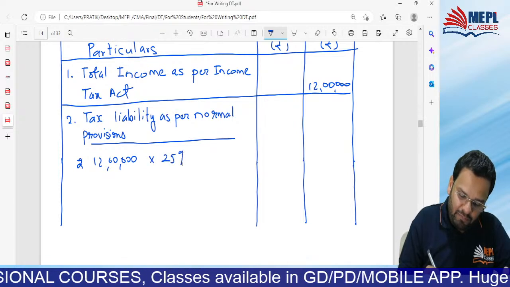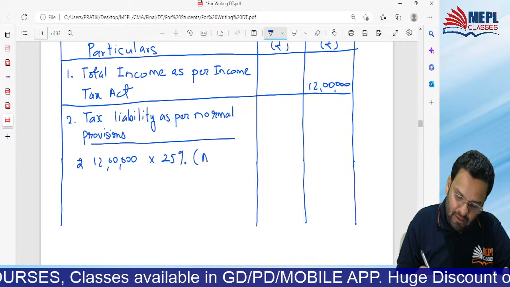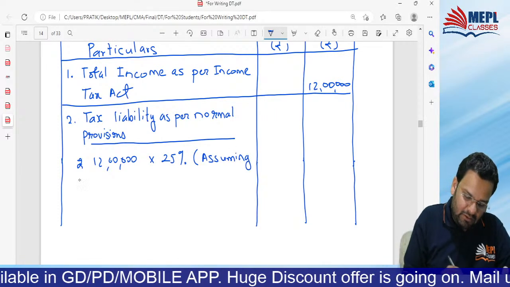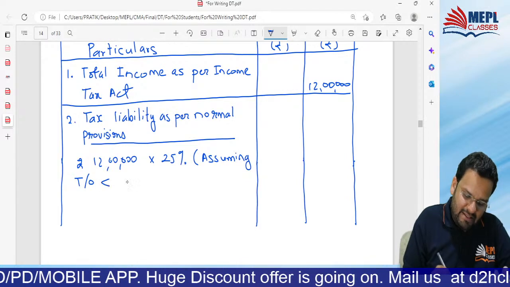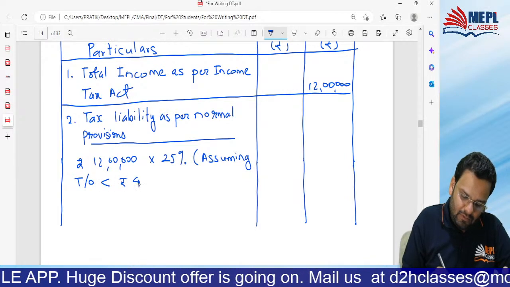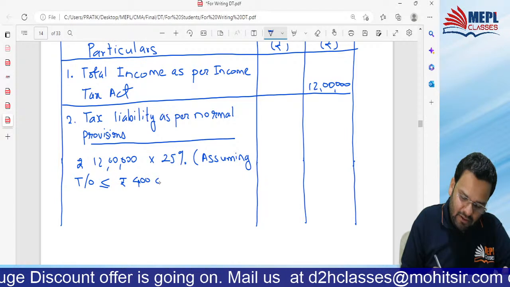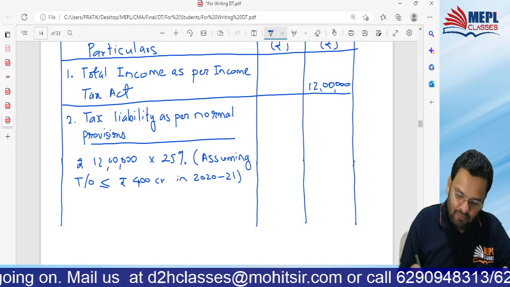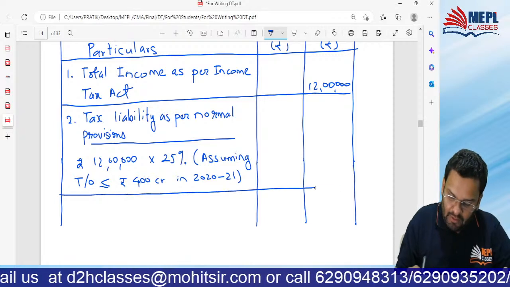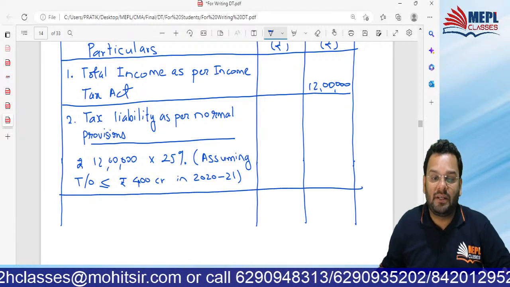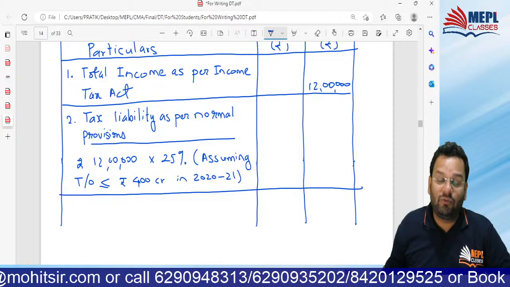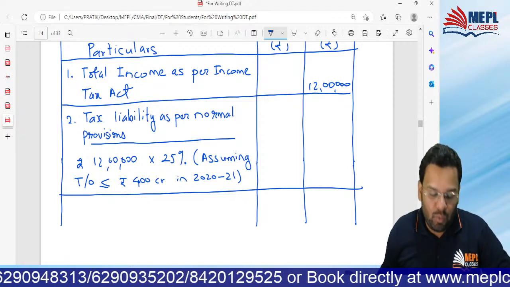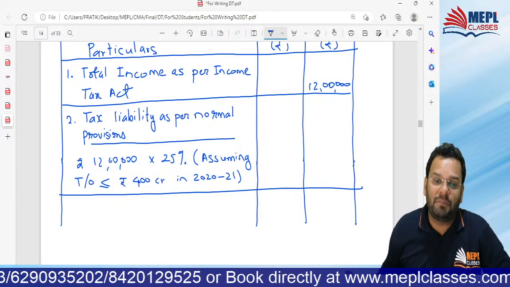Why 25%? Assuming turnover is less than or equal to 400 crores in 2021. That's why 25%, guys. If it was exceeding 400 crores in 2021, this would have been 30%.